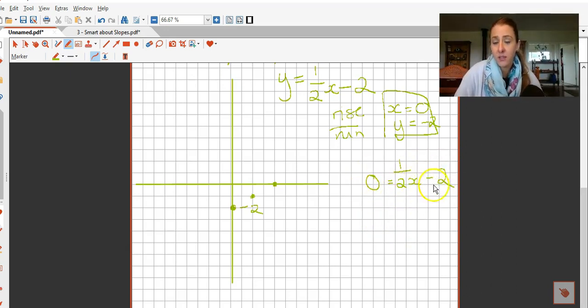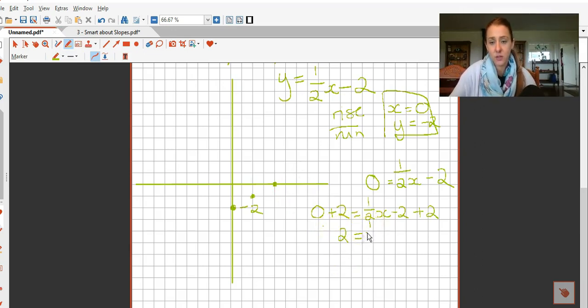If I've got a -2 here, I need to do the inverse operation. So it's going to be 0 equals 1/2 x take 2 plus 2. But remember that whatever I do to this side, I need to do to this side as well. So I need to add 2 on this side. So 0 plus 2. Now I've got 2 is equal to 1/2 times x.